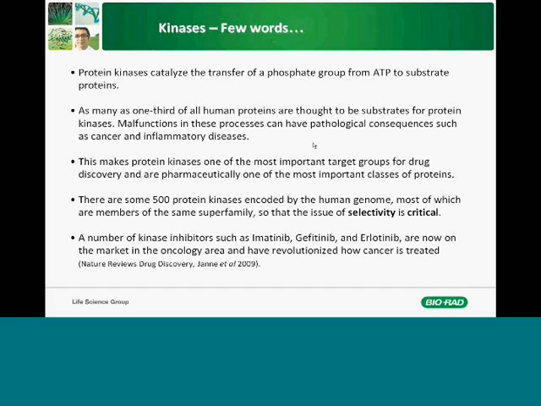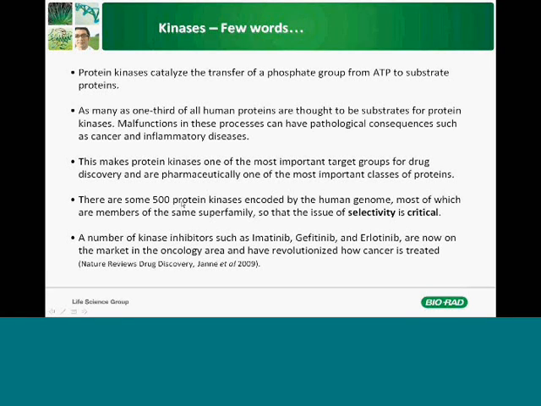So any malfunction or incorrect enzymatic reaction in these processes can, of course, generate diseases, severe diseases. And this makes kinases very important in a pharmaceutical aspect, and very popular targets for drug discovery in the pharmaceutical industry.